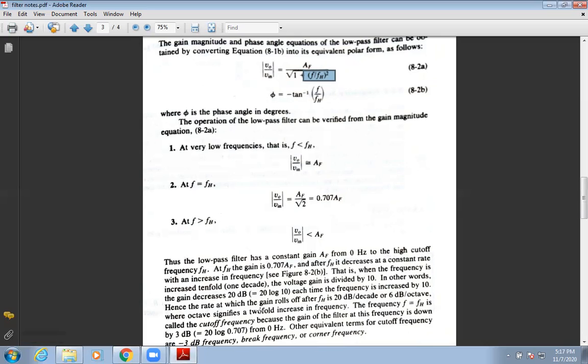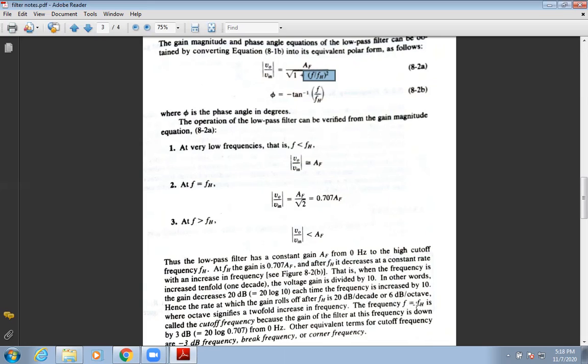Hence, the rate at which the gain rolls off after the high cutoff frequency is 20 dB per decade, or 6 dB per octave if we are using the frequency in octave format, where an octave signifies a two-fold increase in frequency.